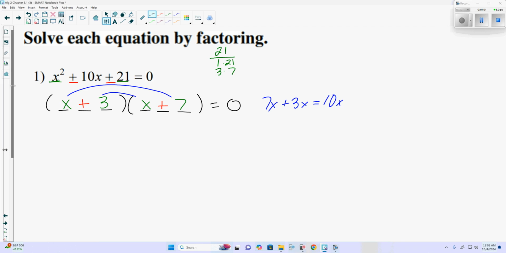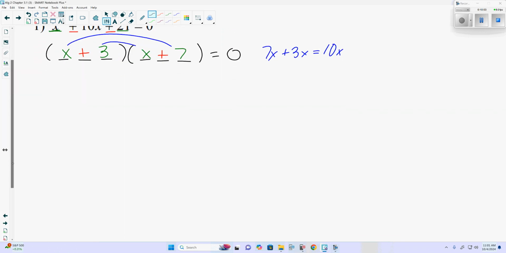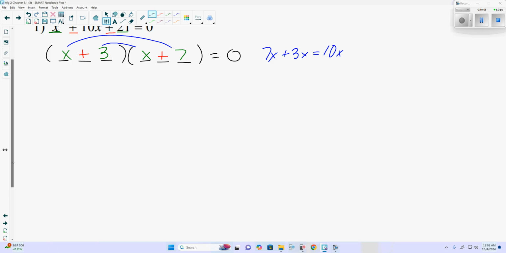That means we can solve this here. And since we do have two things multiplied together equals 0, it means that either x plus 3 is 0 or x plus 7 is equal to 0.